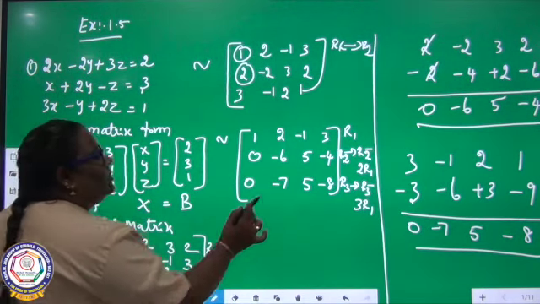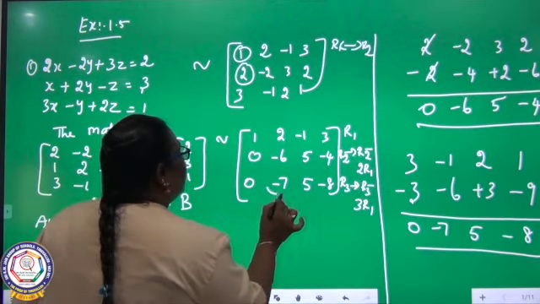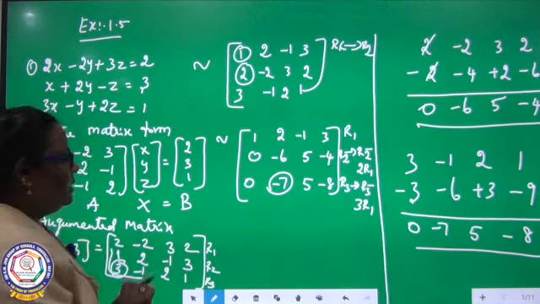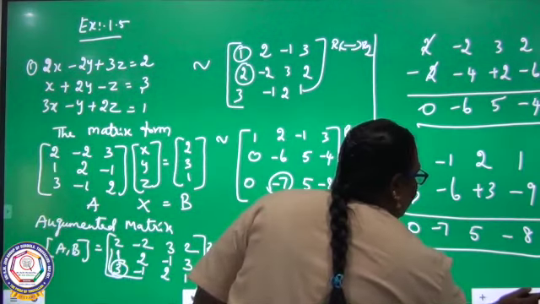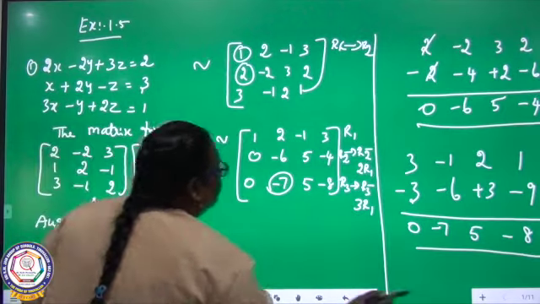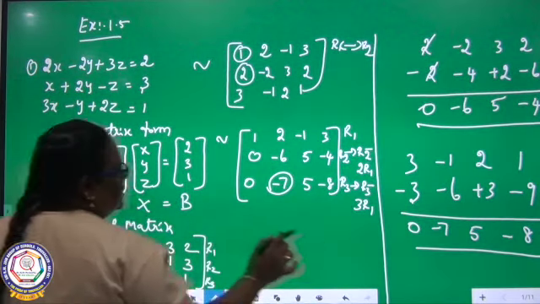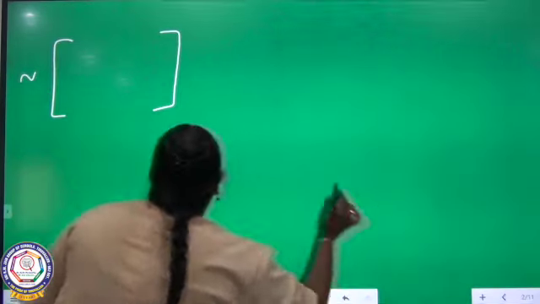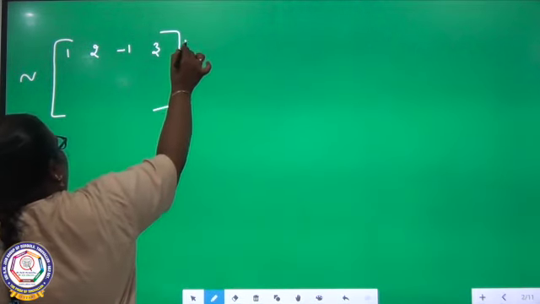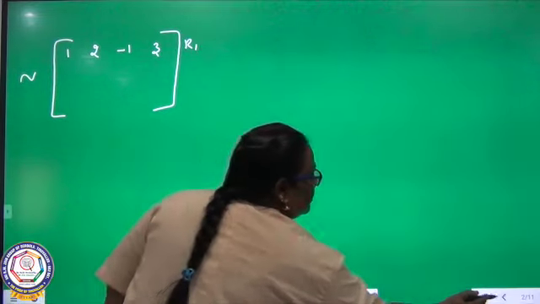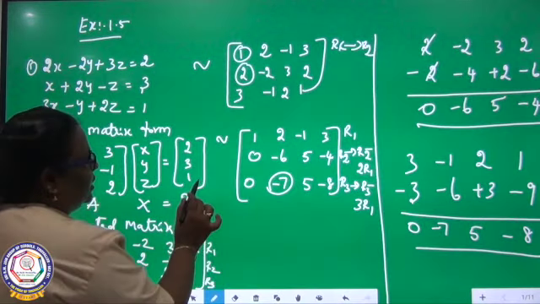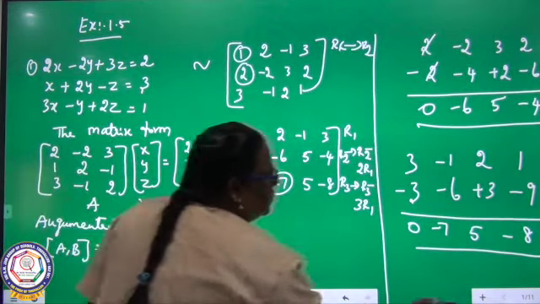Then this term we want to become 0. See the equation. We can write it again. R1 is 1, 2, minus 1, 3. R2 is 0, minus 6, 5, minus 4.